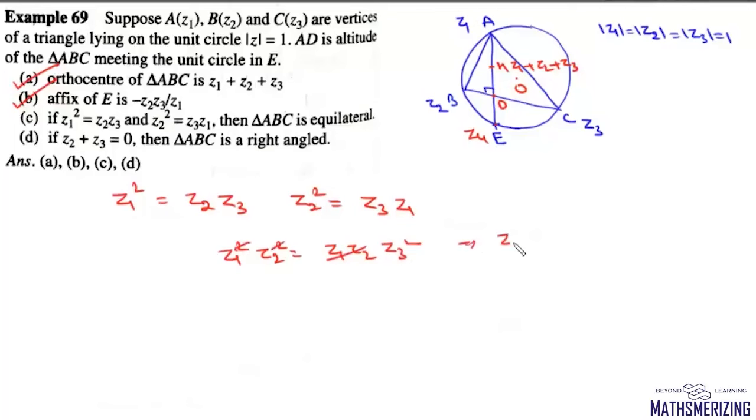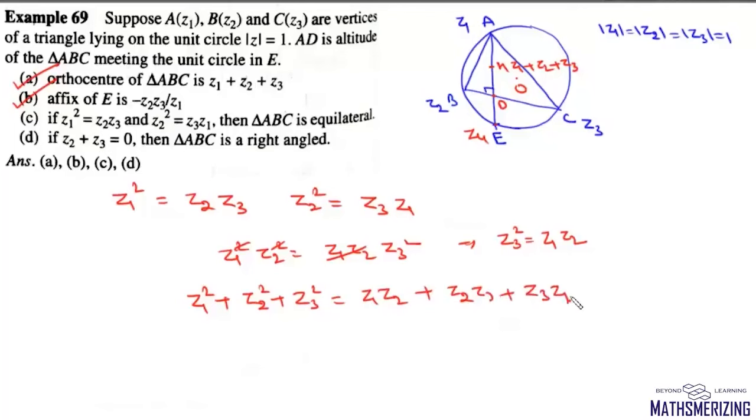So from here we can say Z3 square is Z1 into Z2. Now we add all of them, we can write Z1 square plus Z2 square plus Z3 square is equal to Z1 Z2 plus Z2 Z3 plus Z3 Z1, which is the condition for an equilateral triangle. So that means option C is also correct.